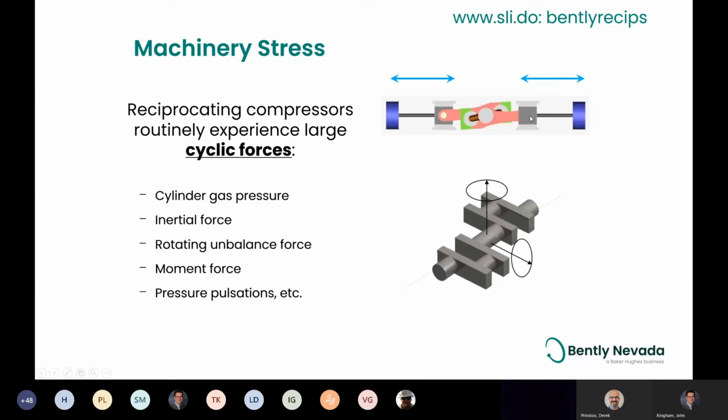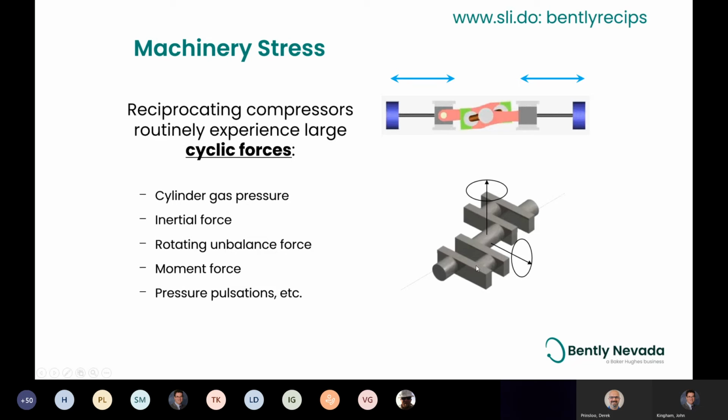Whereas with recips, you've got the crosshead piece and the piston rod moving back and forth, and you've got the crankshaft going around. You've got a lot of things going on. As these pistons move back and forth, the cylinder gas pressure is changing: you're expanding it, compressing it, expanding, compressing, and so forth. You've got the inertial force of all this mass moving back and forth.